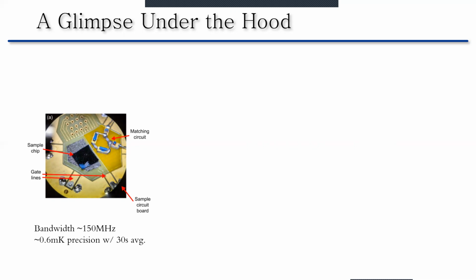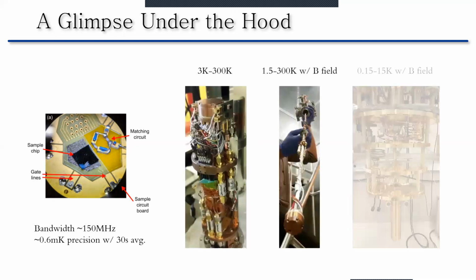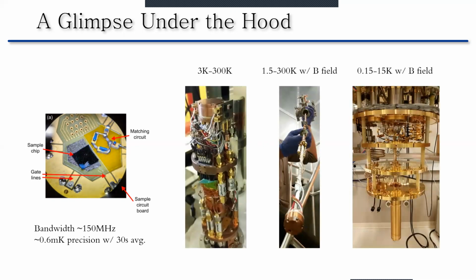We've refined that quite a bit, and we've gotten bandwidth greater than 100 megahertz, and we work in frequency ranges from 100 megahertz to a gigahertz, and we have roughly half millikelvin precision with reasonable averaging times. And we've done this now in several different systems. This very compact cryo cooler, we have in the middle here, the sample in a vapor variable temperature insert, which has a magnetic field and some lower temperature.